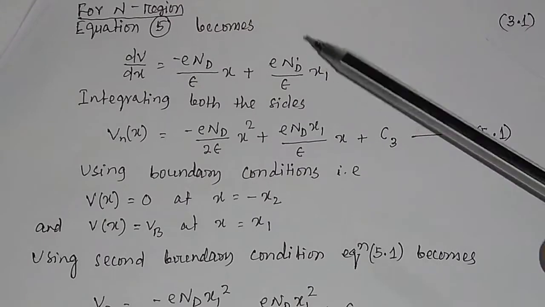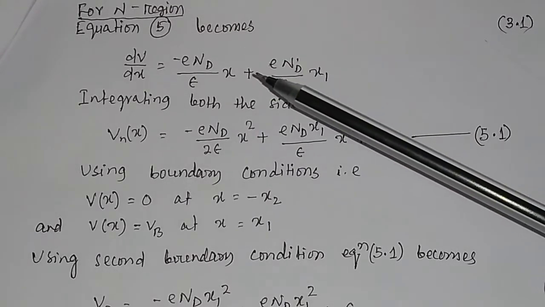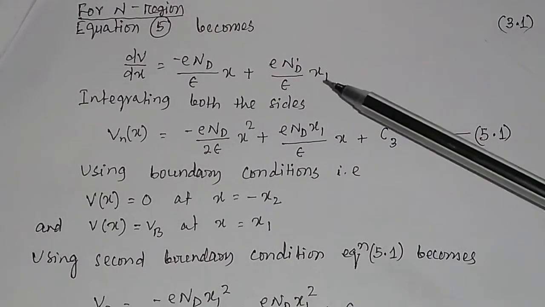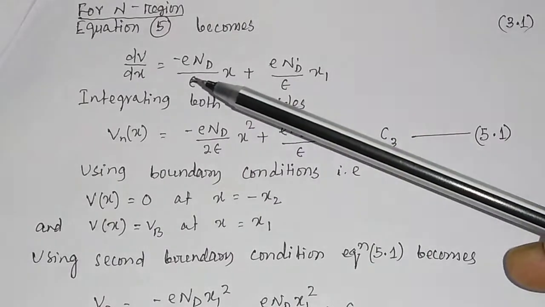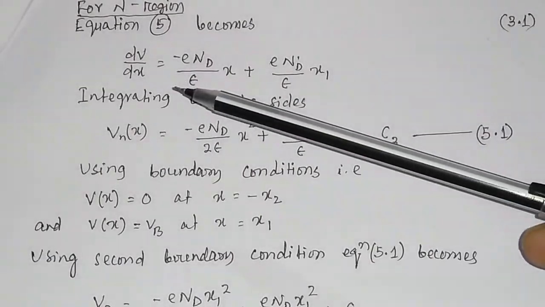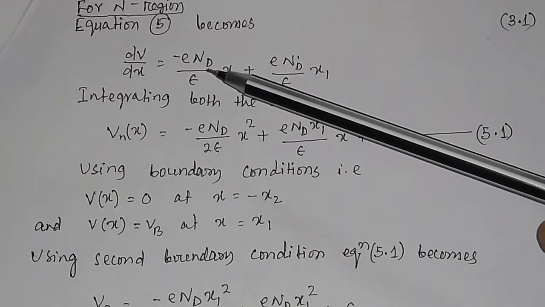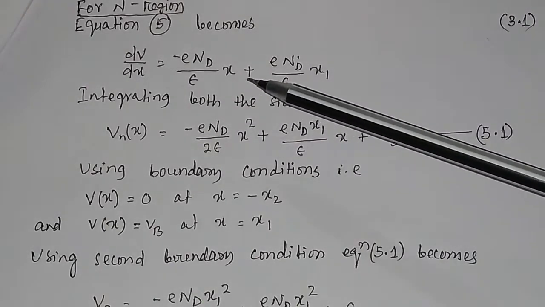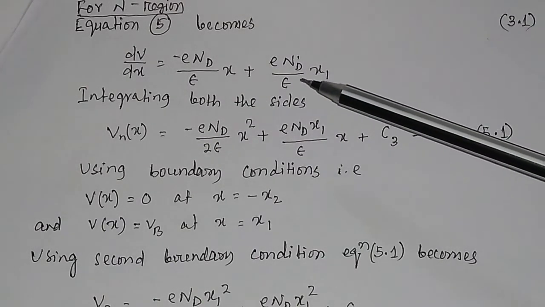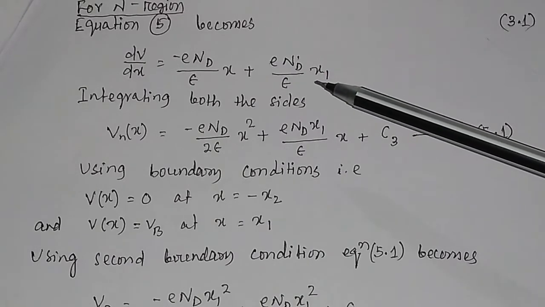So from equation 5, that is for the n region, if you substitute the value of C1, then the derivative of V with respect to x is equal to minus e Nd divided by epsilon into x plus e Nd divided by epsilon into x1.